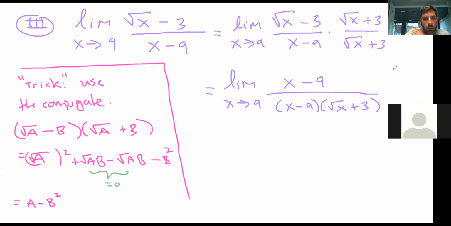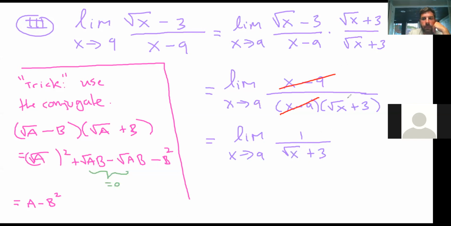And what's useful about what just happened is the square root is gone. And more importantly, that term x minus 9 that was causing me issues goes away. So since that goes away, the expression that I am left with is just 1 over the square root of x plus 3.